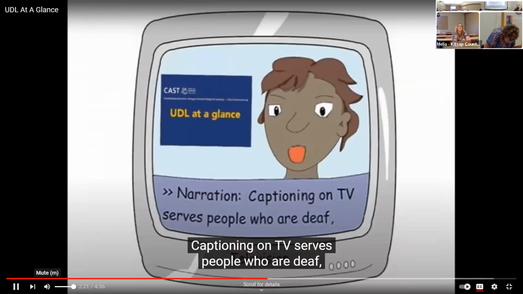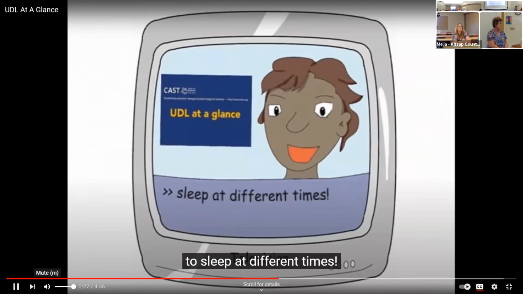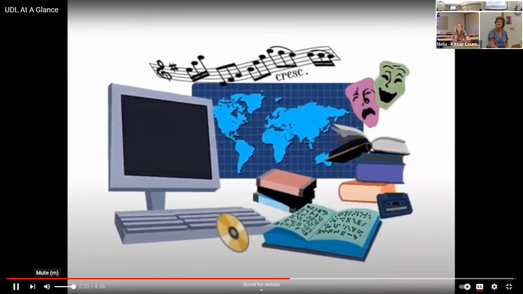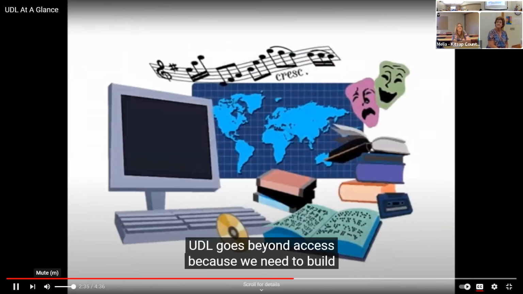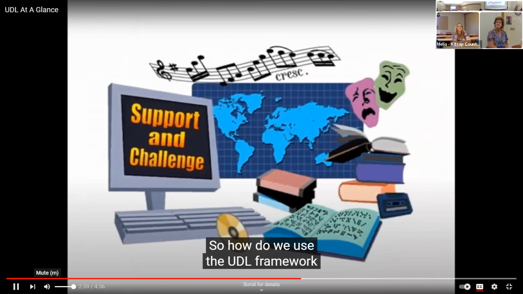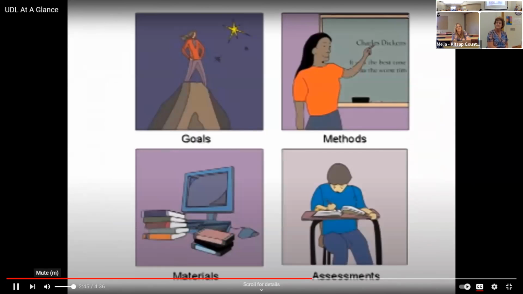Captioning on TV serves people who are deaf, people learning English, people in gyms, and spouses who get to sleep at different times. UDL takes this idea and applies it to the design of flexible curriculum. UDL goes beyond access because we need to build in support and challenge.